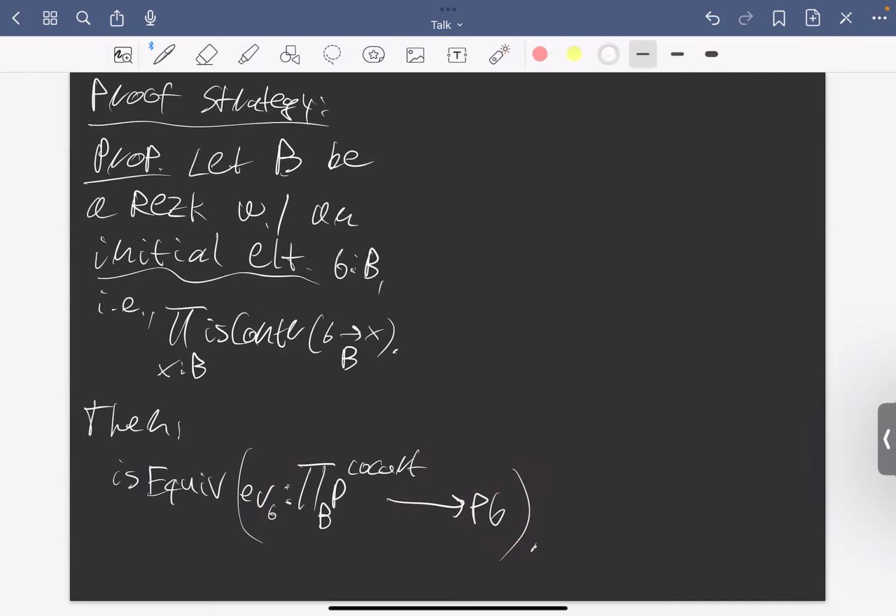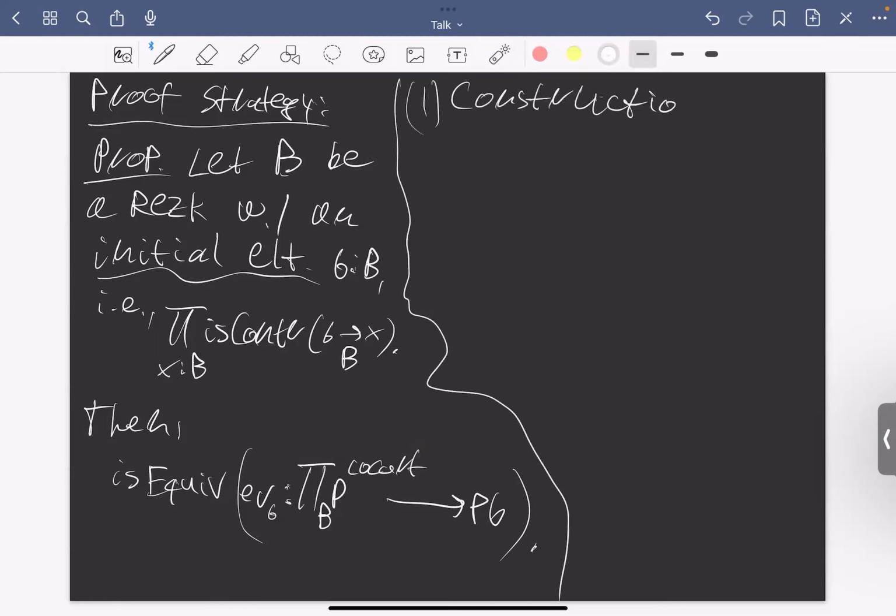Okay, how can we show this? First we have to construct an inverse, and after Riehl–Verity, suggestively, I'm going to call this little y for Yoneda. So how could I define this map?